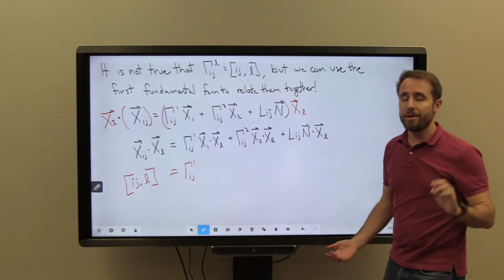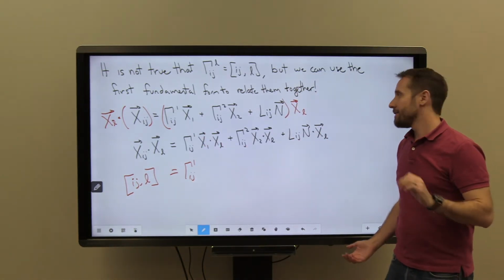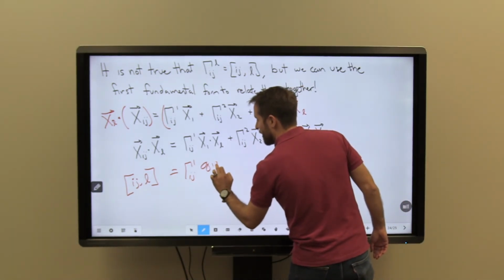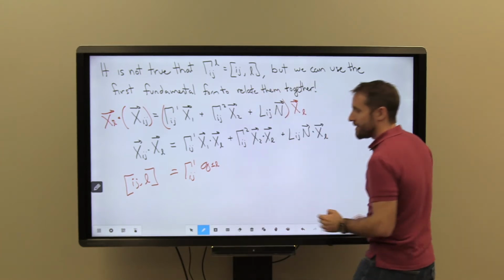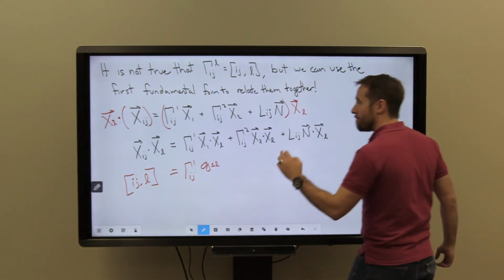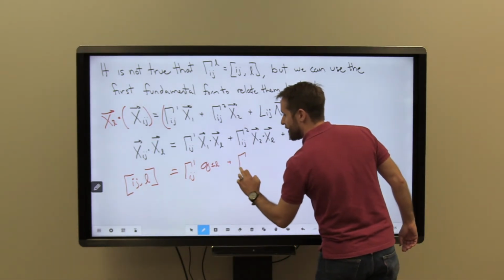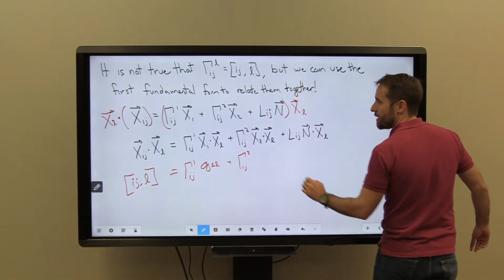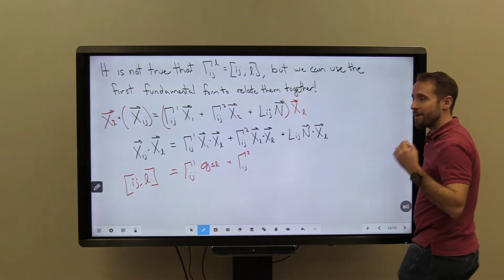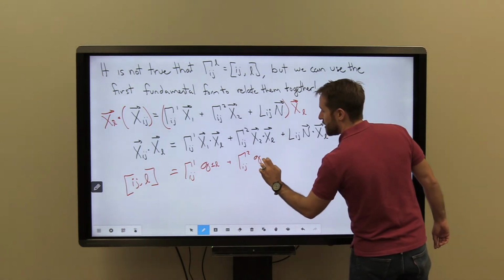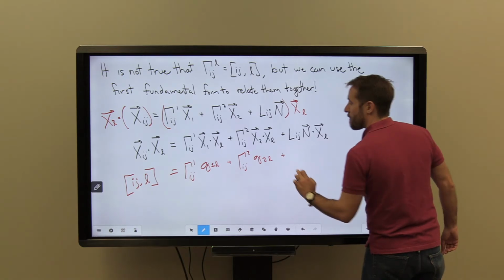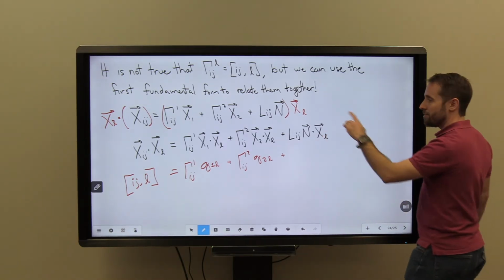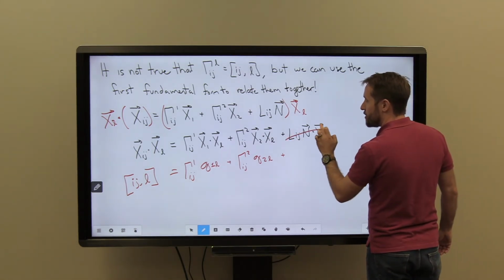But x sub 1 dotted with x sub l is going to be g1l. Plus, here we're going to get our Christoffel symbol, gamma 2ij, which stays the same. x sub 2 dotted with x sub l is going to be g2l. Plus, here, this will just be 0. Our normal vector dotted with a tangent vector should be 0.